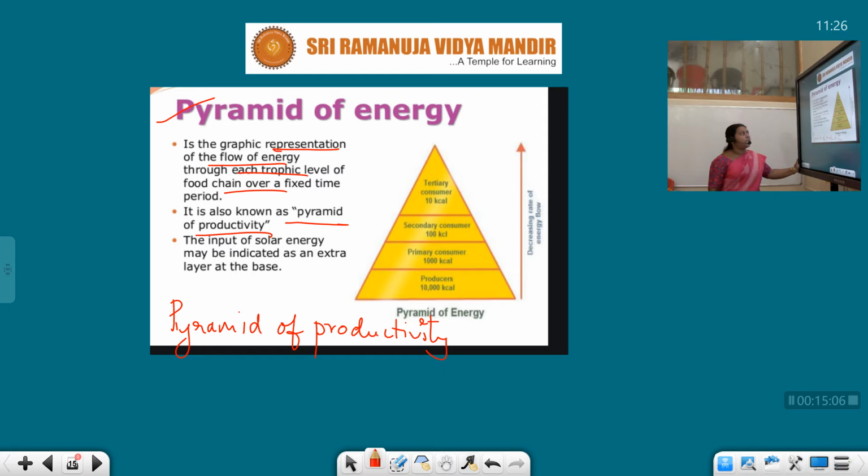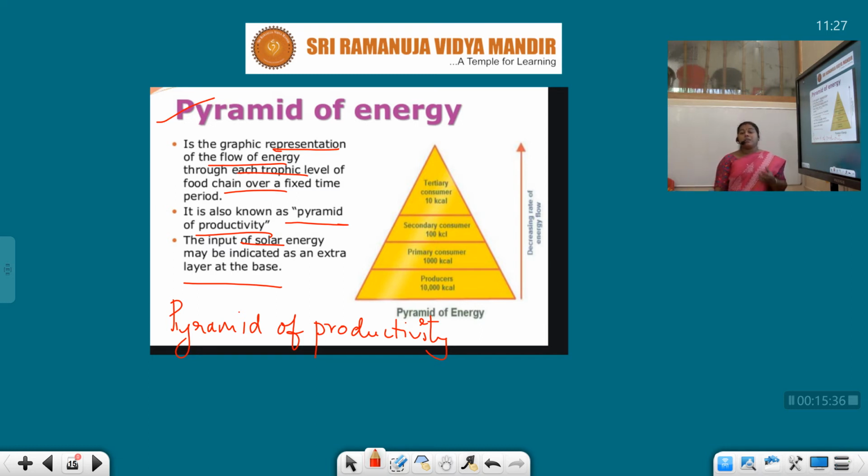The input of solar energy may be indicated as an extra layer at the base. Producers require the solar energy. Producers are nothing but, children, all the green plants. These green plants take the solar energy to initiate the photosynthetic reaction.